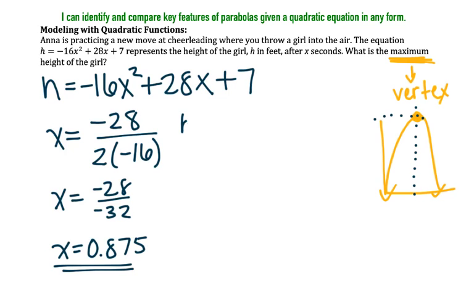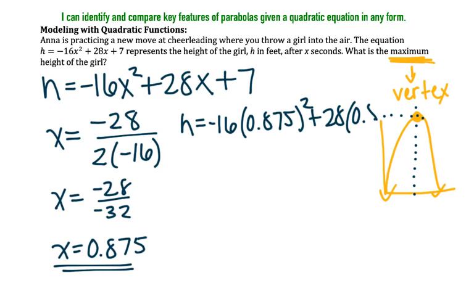So we're going to substitute that value in for x, so negative 16 times 0.875 squared plus 28 times, I'm going to run out of room, 0.875 and then plus 7. So if we do this in our calculator, we're going to do the exponent part first.